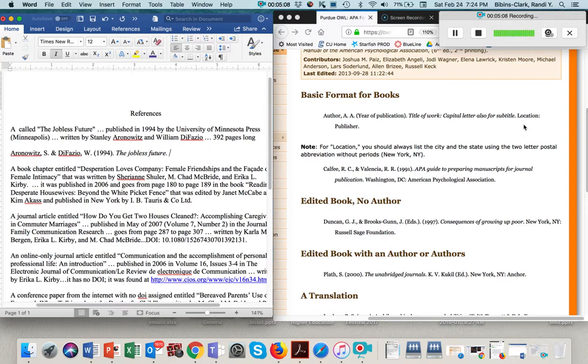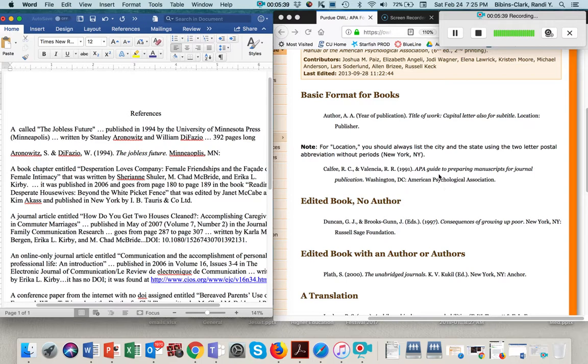I'm going to do the location, and this gives me a little note. List the city and the state using the 2-letter postal abbreviation. So here, my city is Minneapolis, and I don't want italics anymore. It doesn't tell me the state, but I know what the state is, and I'm required to include it. So I would have to find it if I didn't know. With a colon, and then the name of the publisher with a capital letter.